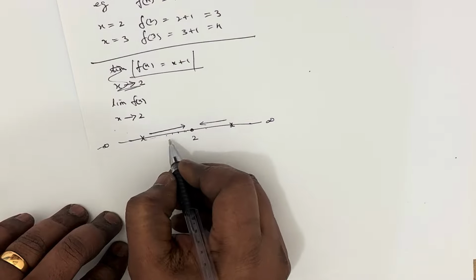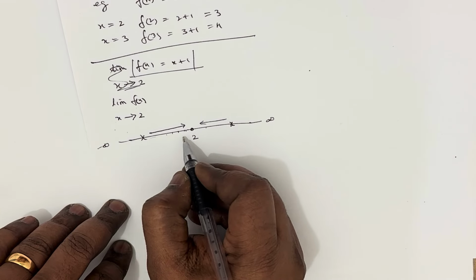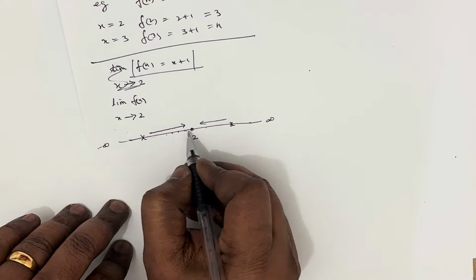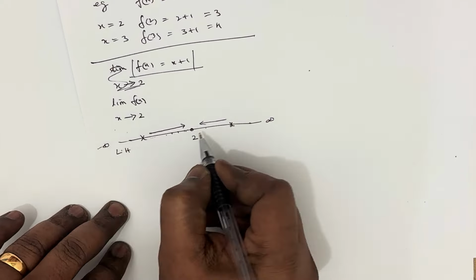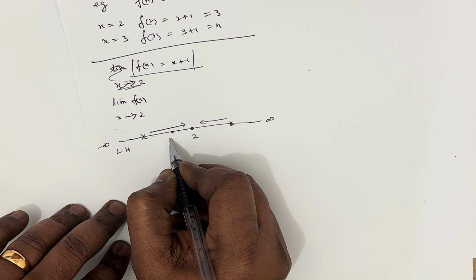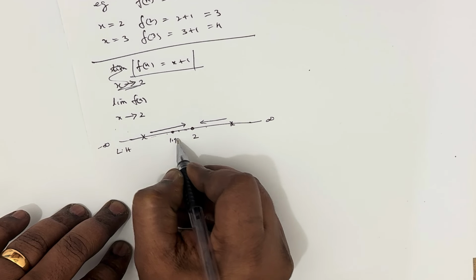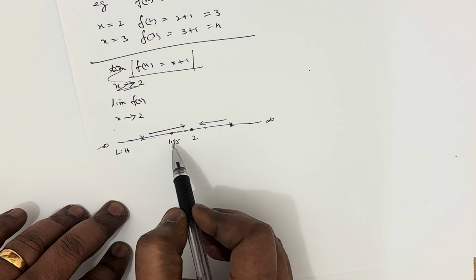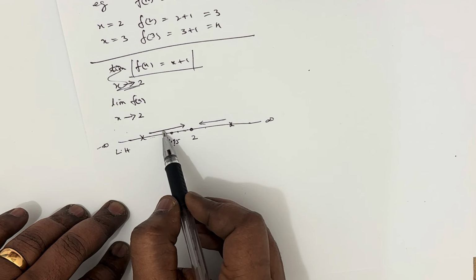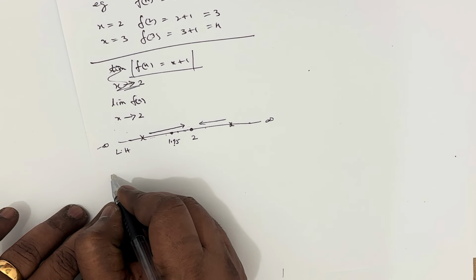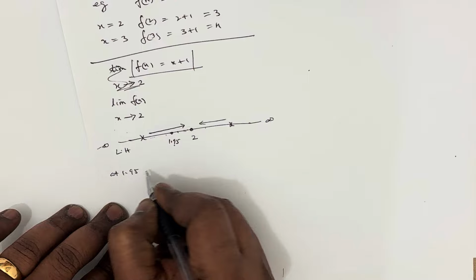For example, if x is moving towards 2 from the left hand side, and it is somewhere here, maybe 1.95.